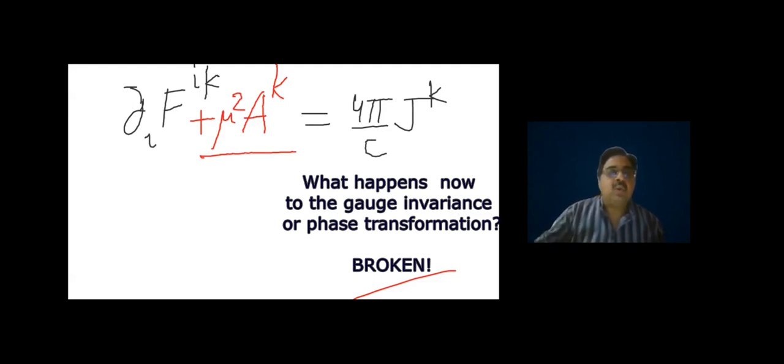Now you also know that our photon is a spin 1 particle, and the whole field is described by the field coordinate, that is A_k or A_i, the vector potential, which is a 4-vector. Therefore, we call the electromagnetic field a vector field. It is a vector spin 1 field.